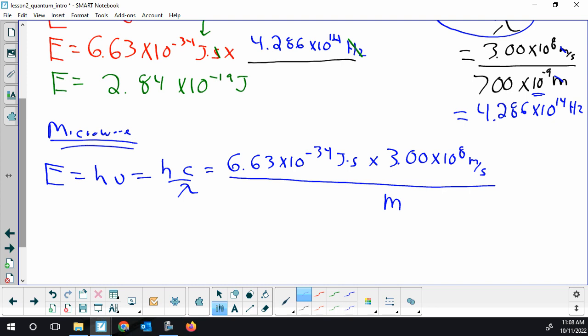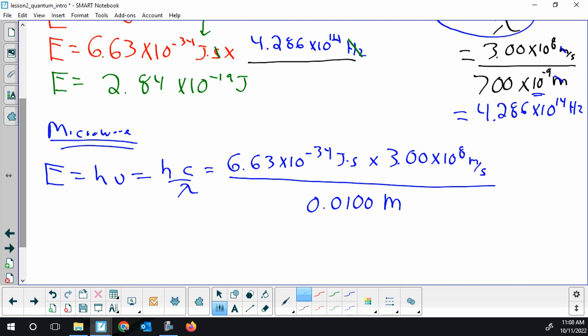So we have to convert that 1 centimeter to meters. Centi, counting by hundreds. So 1 centimeter, if we divide that by 100, we'll convert it to meters. And then I had 1.00.